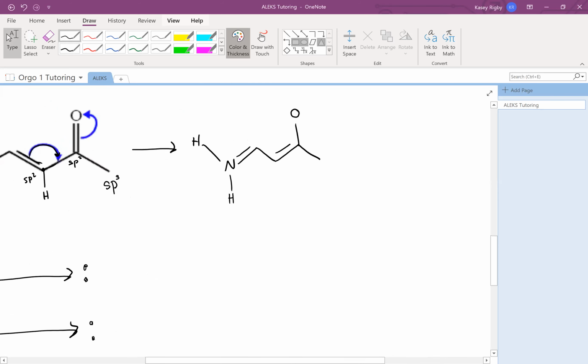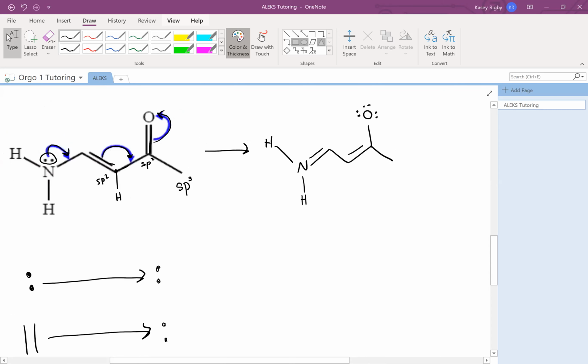And here we see we have a bond going to an atom. What that means is that a bond from that double bond is going to become a lone pair on that atom. Okay, so now we just draw out what we have. And whenever you see something that doesn't have any electrons around it, but it does have a formal charge of 0, it's assumed that it has the electrons around it that would make its formal charge 0.